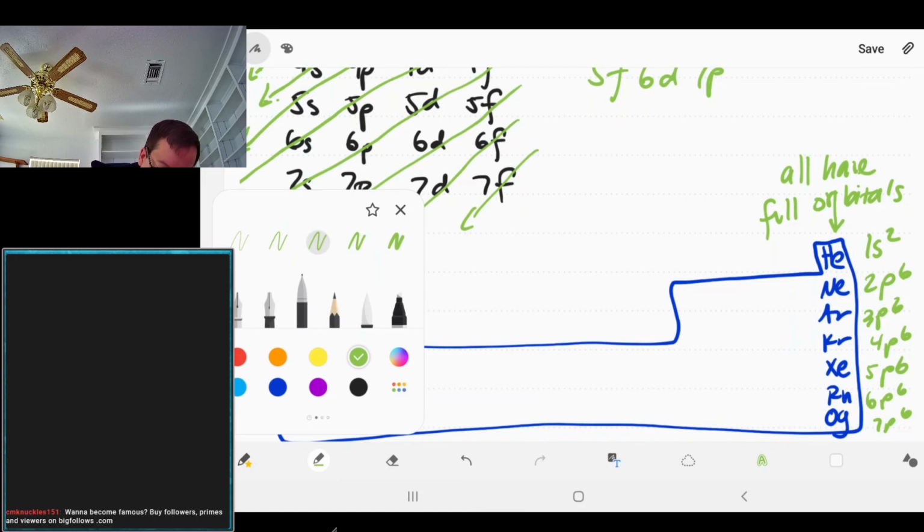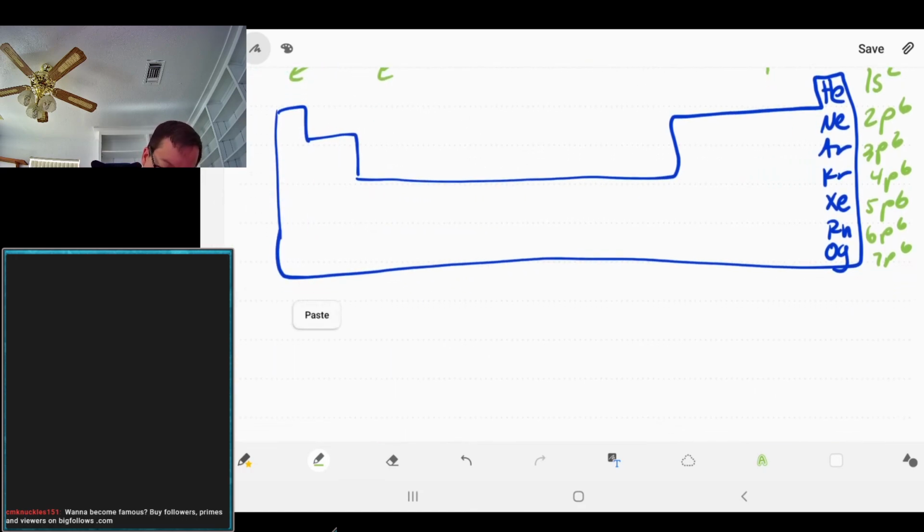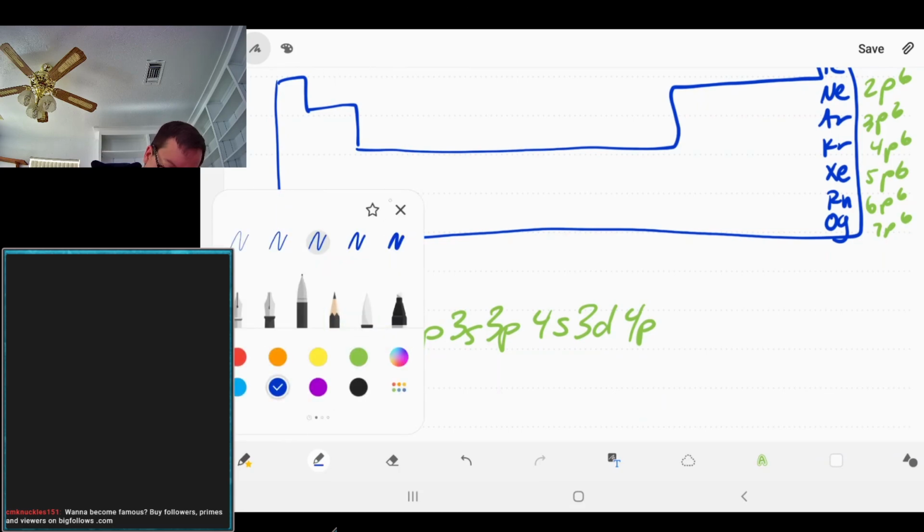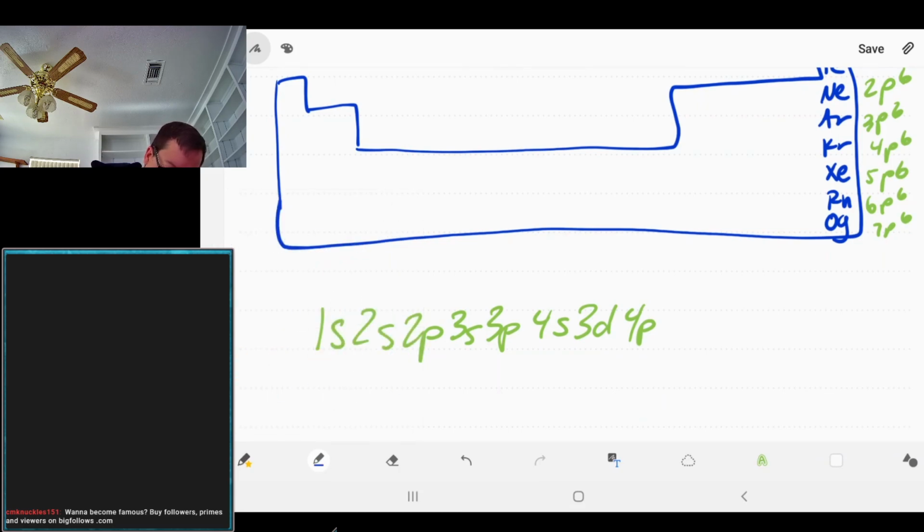So if we take a look at selenium again, I should have copied the one with the numbers, but I'll write them out again. What we can do is find our biggest p orbital that's filled and say, oh, well, that's really just argon.